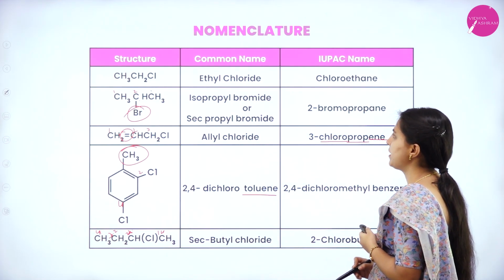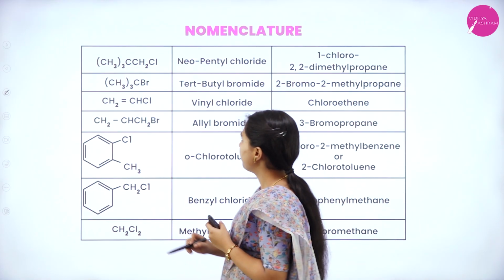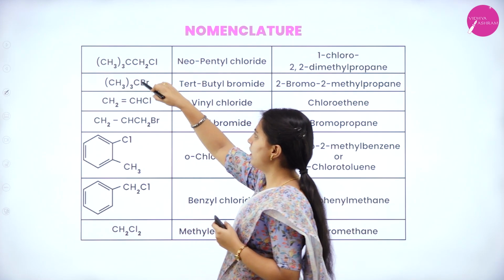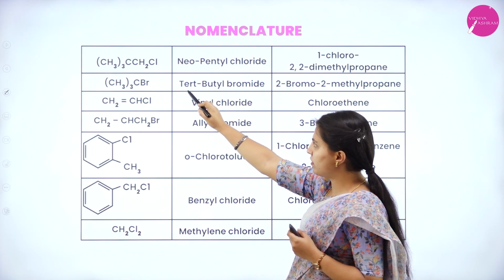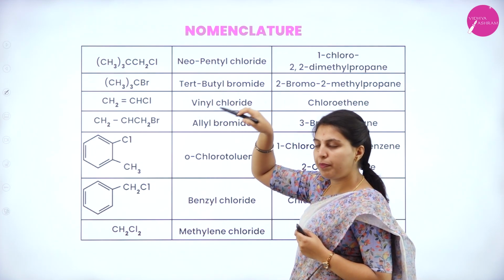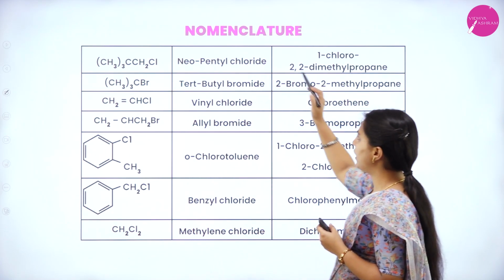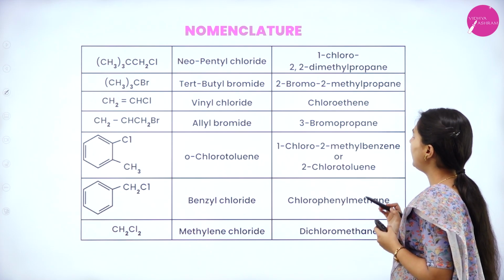Single bond is present. Next, neopentyl chloride. See here, for the one carbon, all 4 sides are attached: CH2 on one side and CH3 three times. On this side chlorine is added. So neopentyl chloride. This is 1-chloro-2,2-dimethylpropane.